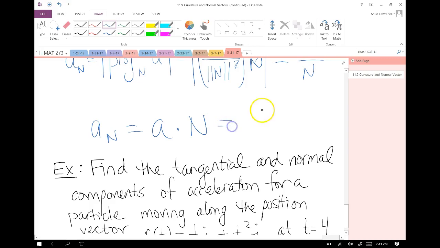And it is V cross A over the magnitude of V.